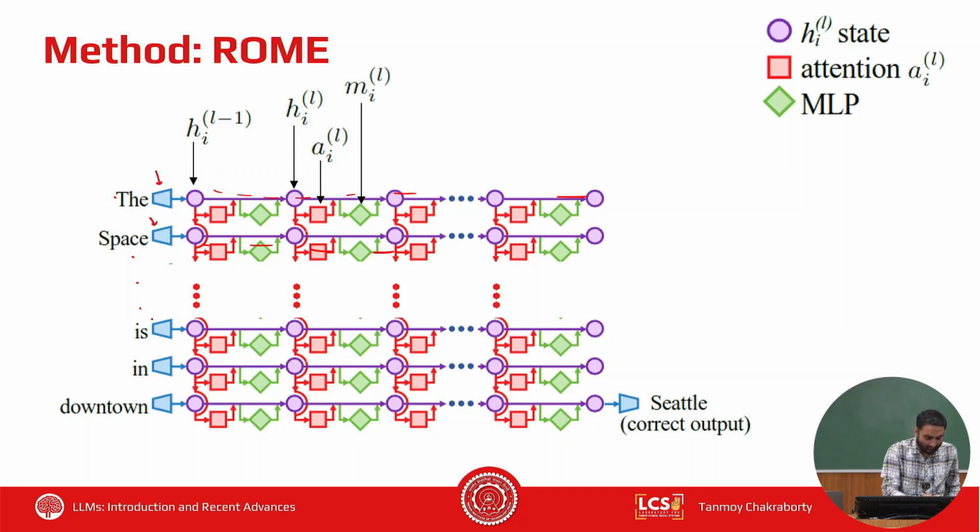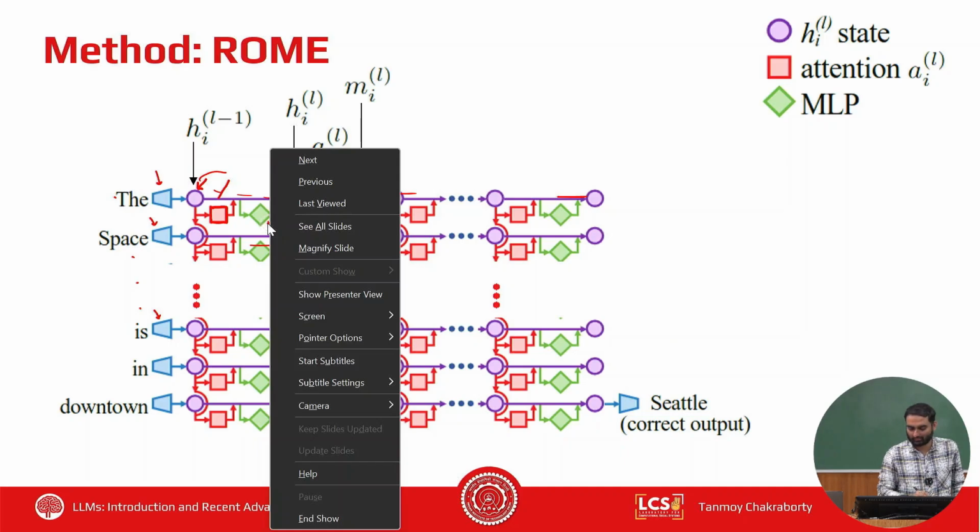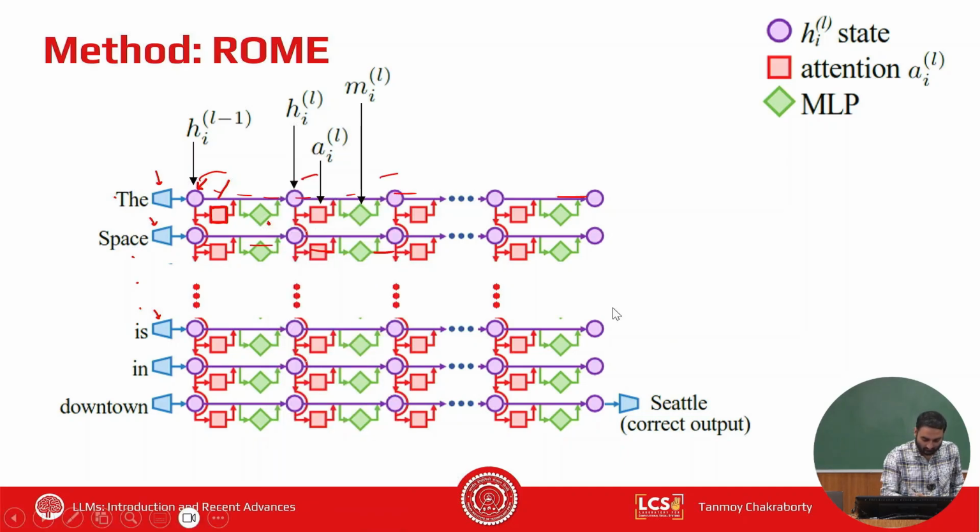These are input embeddings. Okay, this is the first layer, this is the second layer, third layer, and so on. The first layer, this is the hidden state, right? And then this square red block is the attention, right? This green block is the multi-layer perceptron, this MLP, and then attention and MLP will give you the next hidden state, and so on and so forth, right?